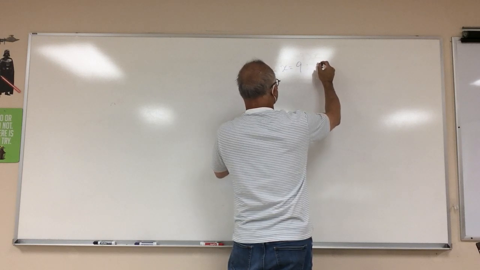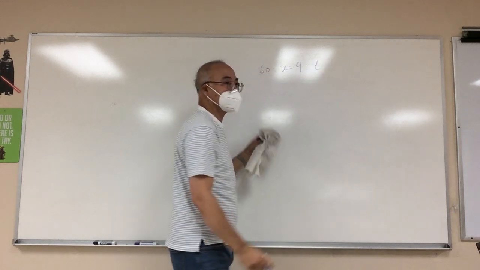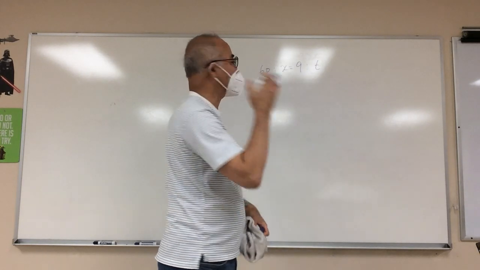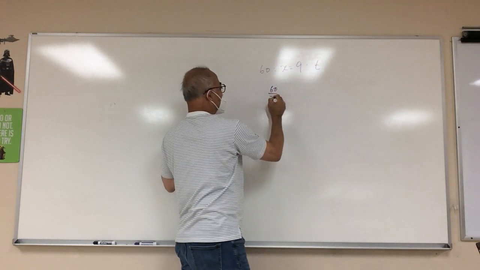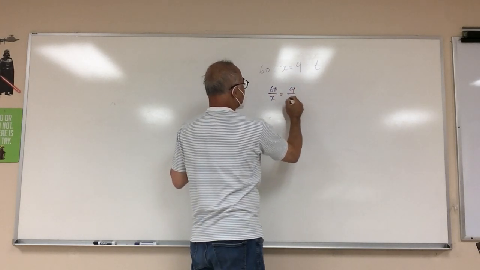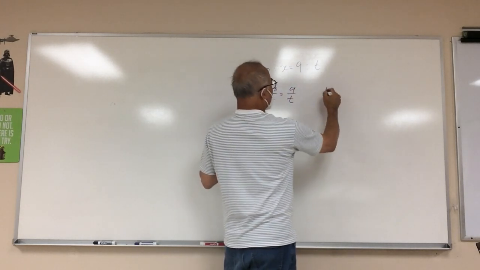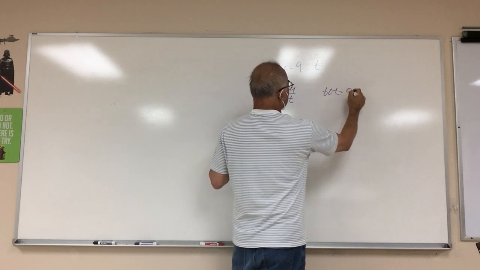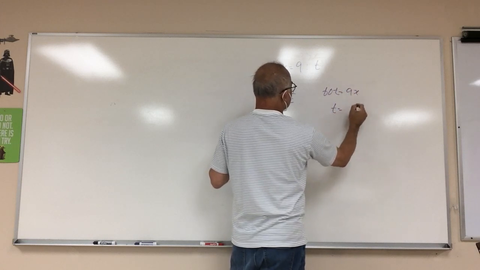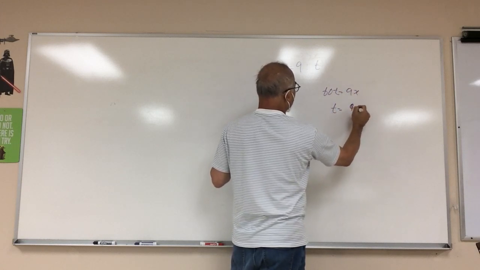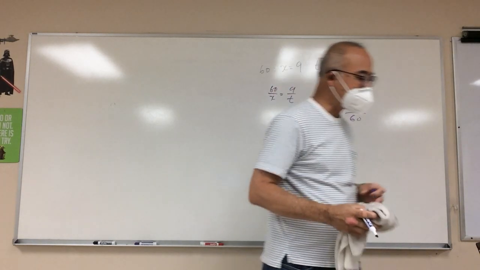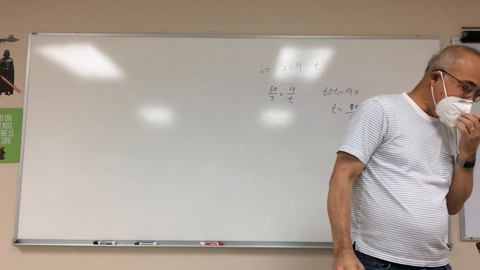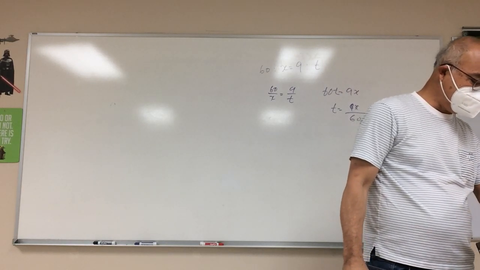This is the one I'm trying to find, correct? T, whatever we call it. I'm trying to solve for T. 60T is equal to 9X. T is equal to 9X divided by 60. That would be your answer. Is there anything that looks like that? D, I guess? Is that correct? Yeah. D is the answer.